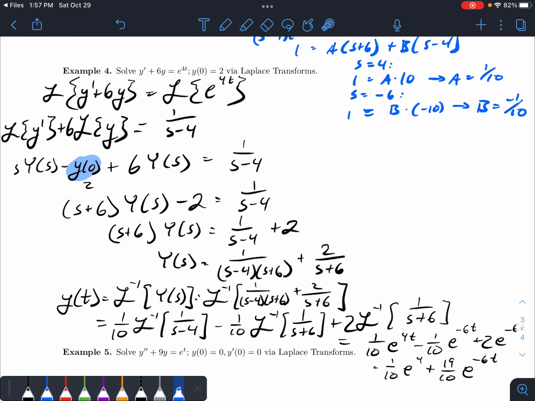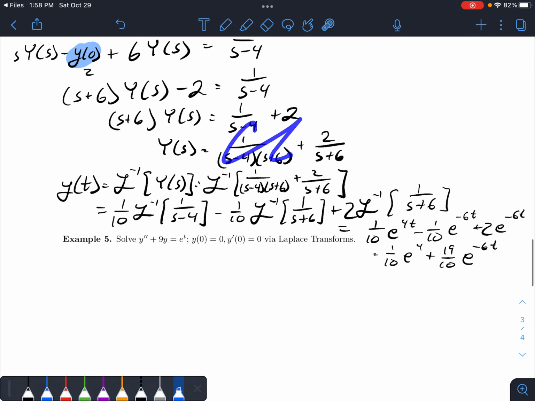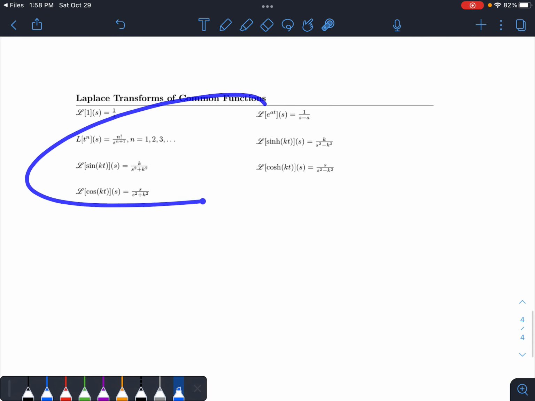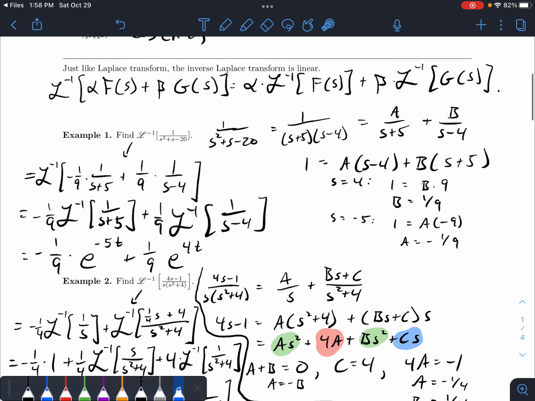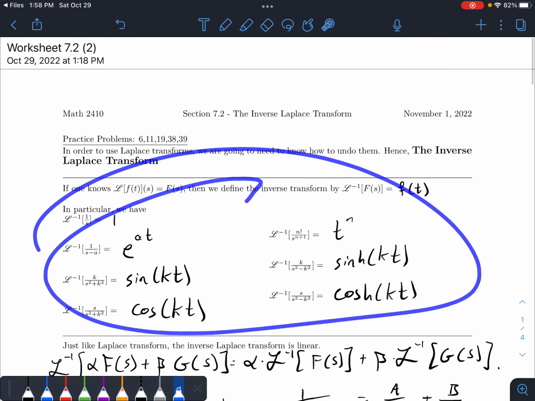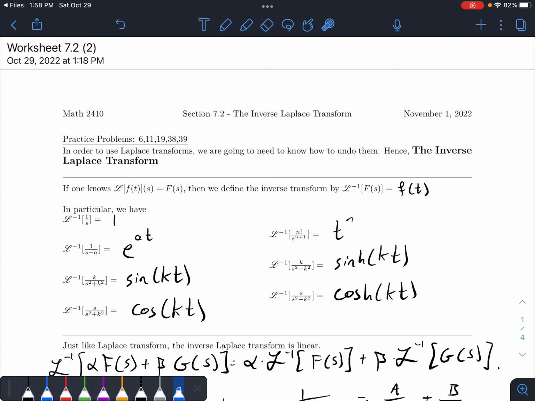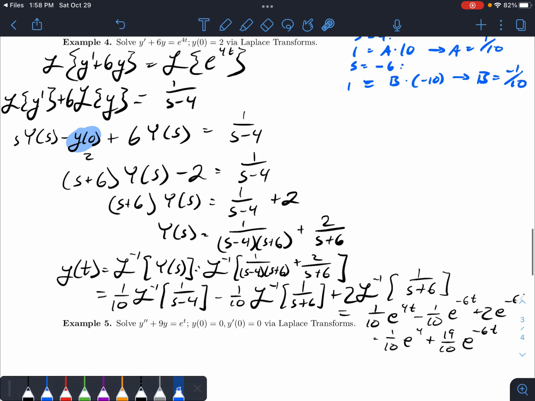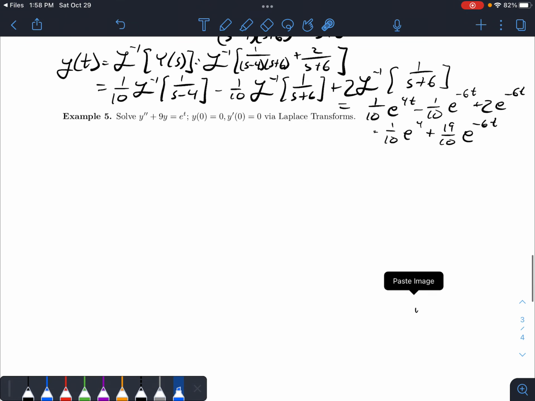Inverse Laplace transform of this is going to give you little y, and then the inverse Laplace transform of the right-hand side, obviously, you'll get something different from this. You'll just need to refer to either this table or this table. They give you the same information, so whichever table you want to use is the same. And then just finish it out from there.